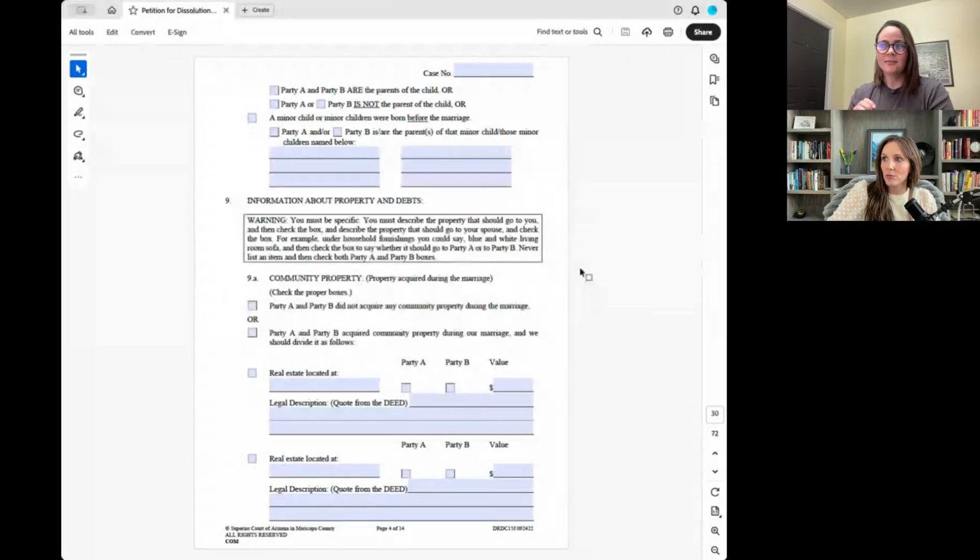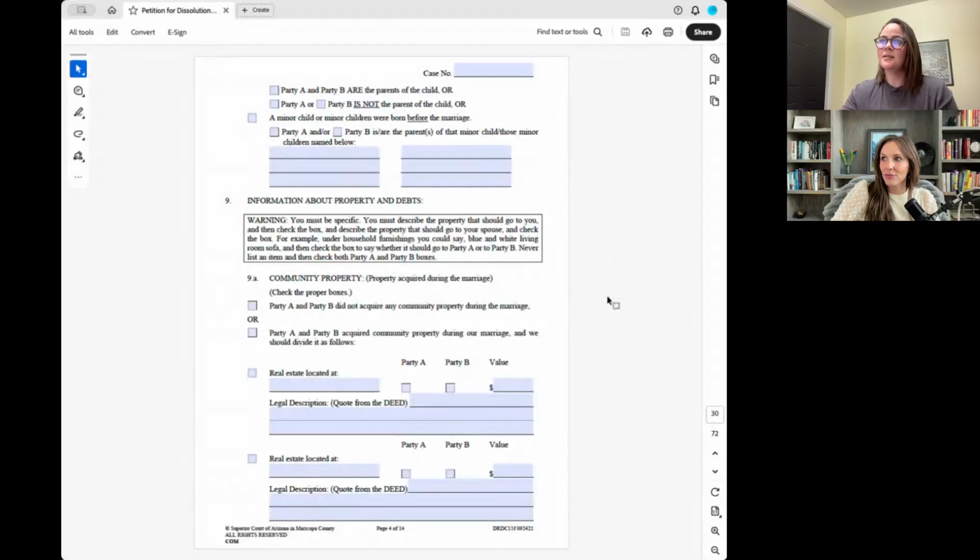And in a divorce, the court looks at that and wants to divide those things equally. So if the property was acquired from the date of the marriage to the date of filing the petition for dissolution, then the court will look at that as community and will want to divide it as equally as possible.